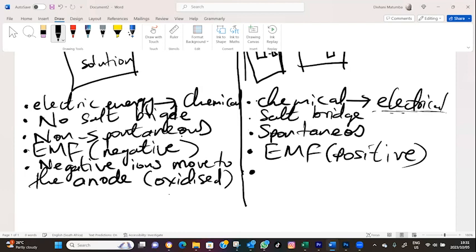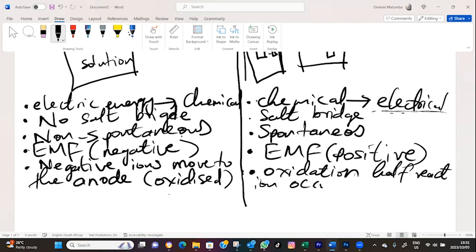Whereas with the galvanic cell, what we know is that the oxidation half reaction occurs at the anode.